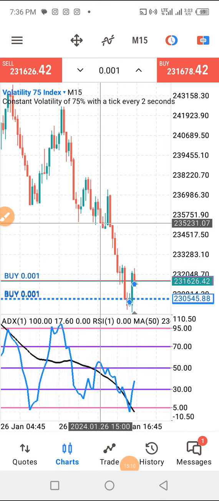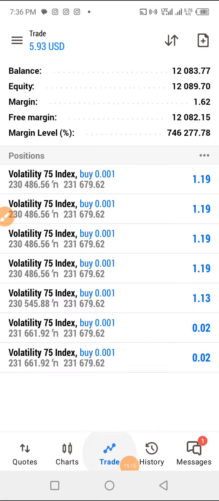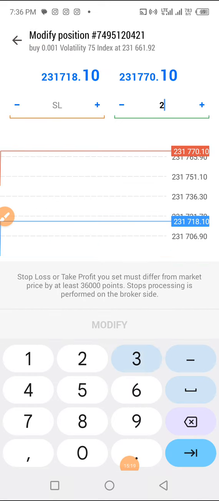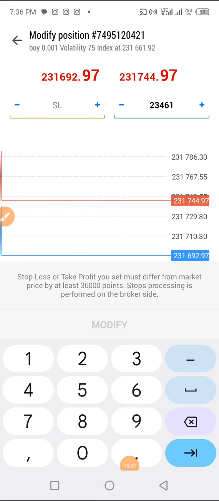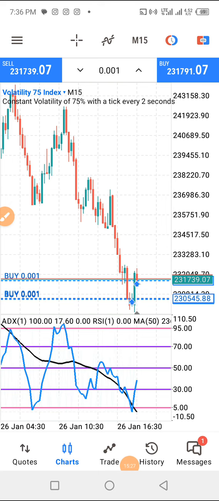Our TP again, I've forgotten the code. That is 23461. There's an error. Let's go back.